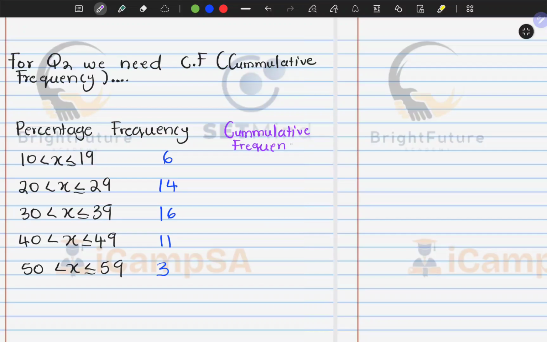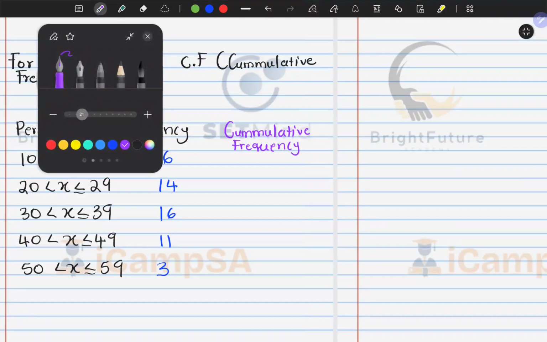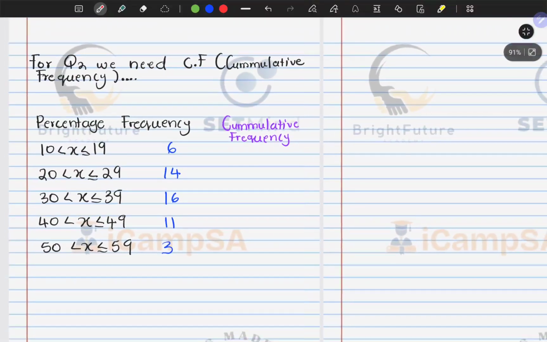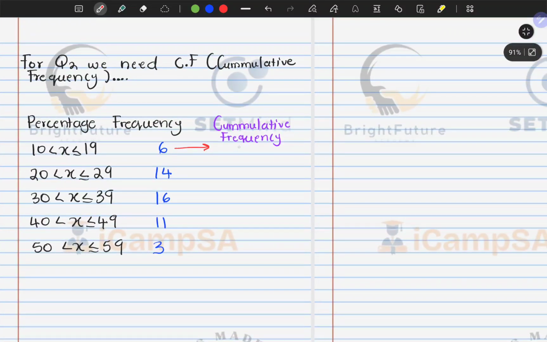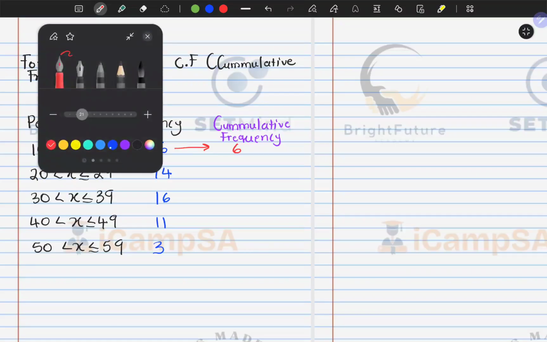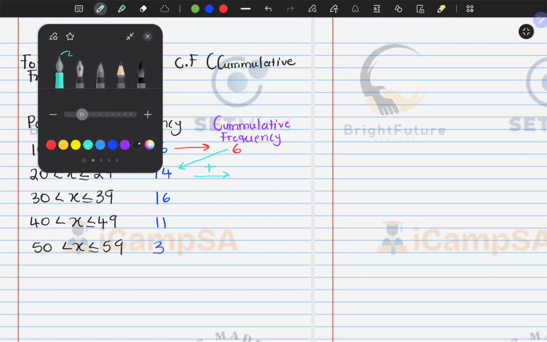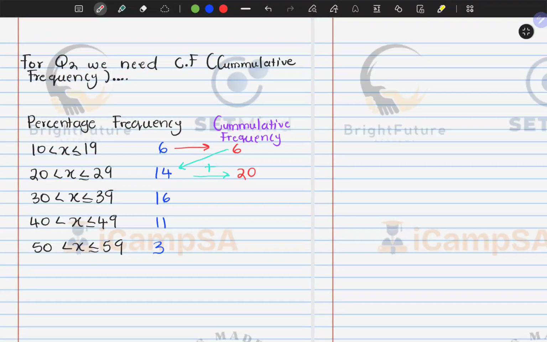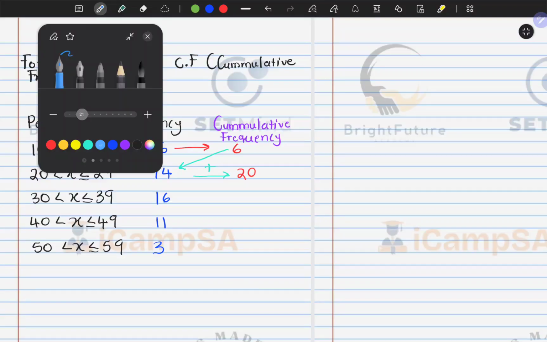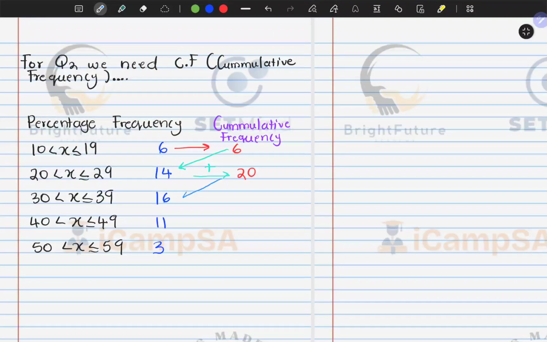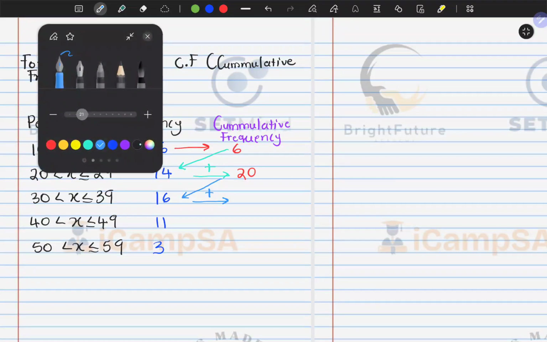Okay. So remember, with cumulative frequency, what we are going to do is we are going to start off with whatever that is here. So that is going to be 6. Then for the next one, we are going to add what we see here with what we have previously to get the next one, which then becomes 20, okay? 6 plus 14. Then to get the next one, we take the 20, we add it to the 16 in order for us to get the next number.